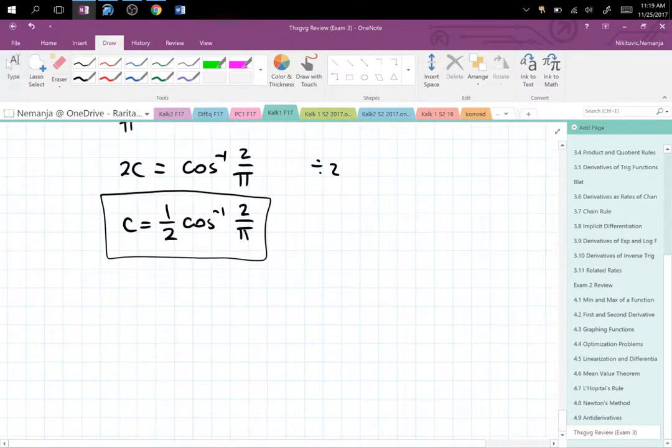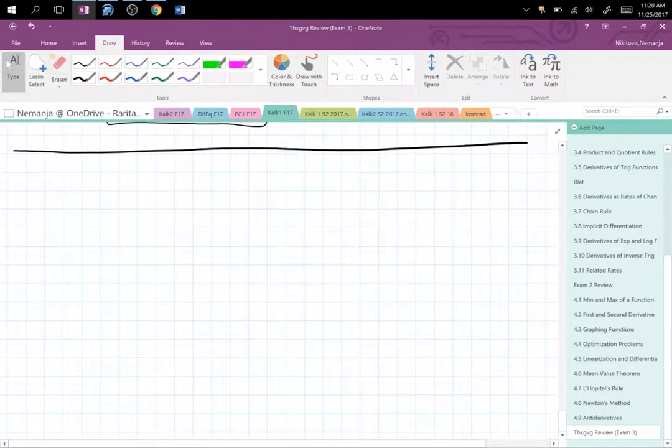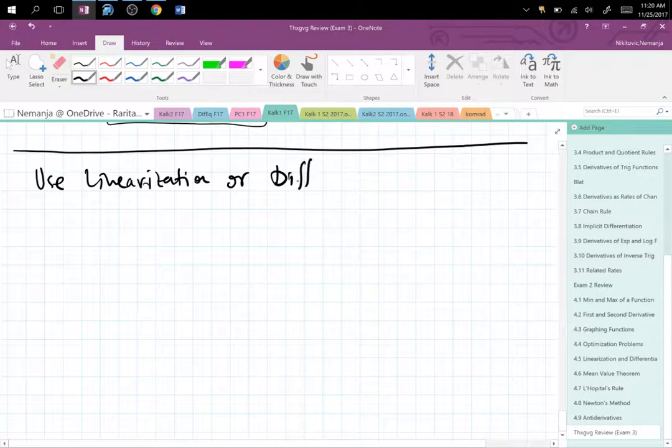So that was that. I want to challenge you in this room to compute, using linearization or differentials, to approximate the square root of 82.